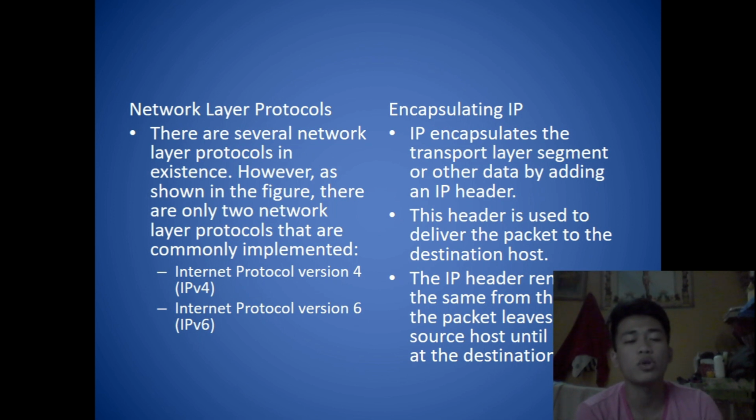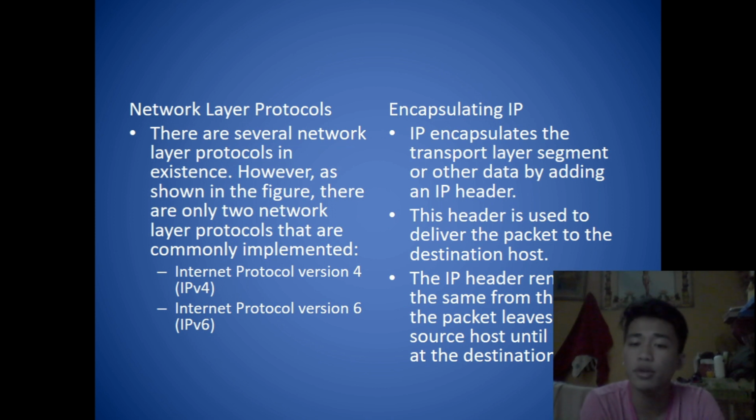IPv4 has 32 bits and IPv6 has 128 bits. Encapsulating IP encapsulates the transport layer segment or other data by adding an IP header. This header is used to deliver the packet to the destination host.